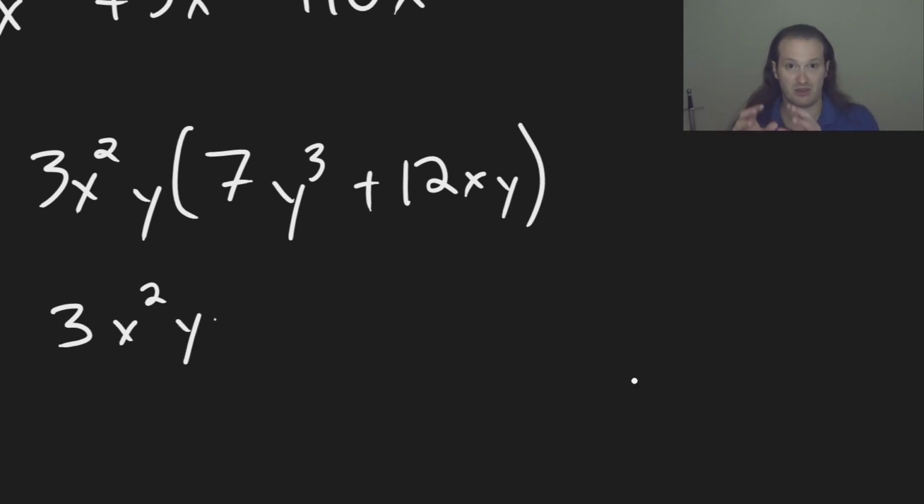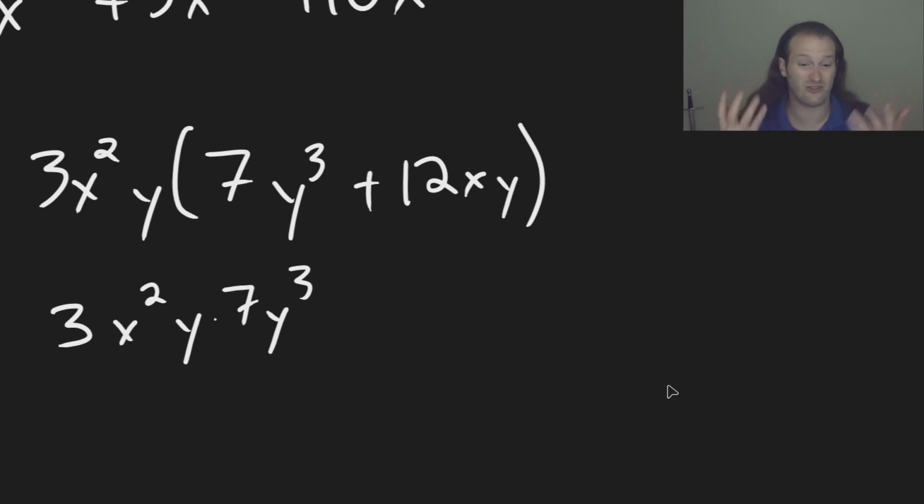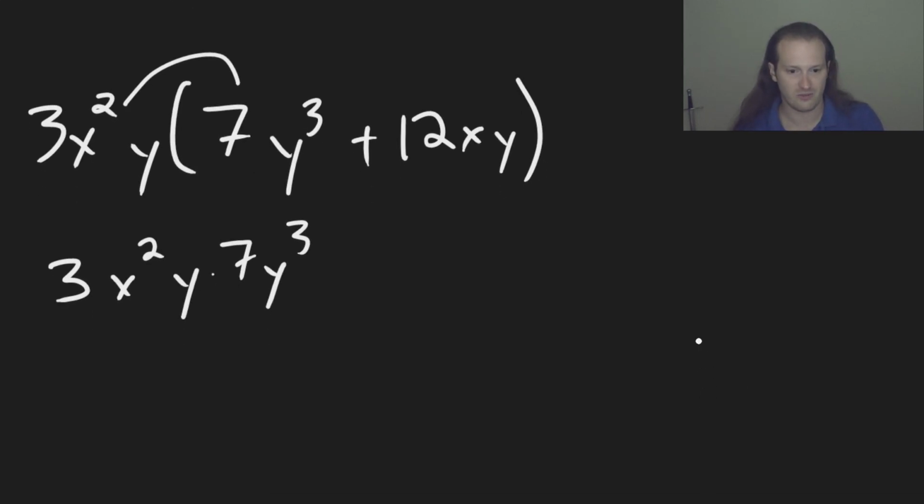By kind of thing, I mean whether it's a constant or a variable or a second different type of variable, or a third. So 3 times 7 is 21. X squared, well, there's no other x's, so that's just x squared. And then y times y cubed is y to the 4th.